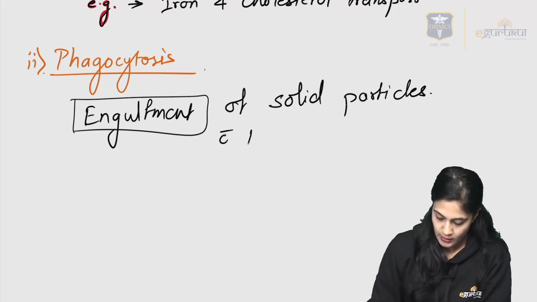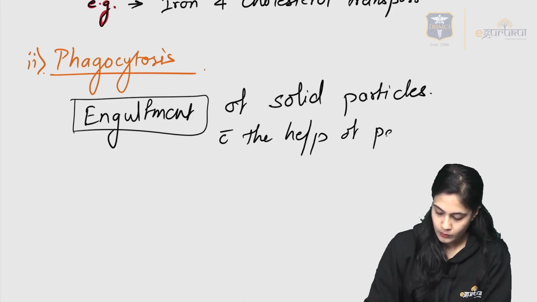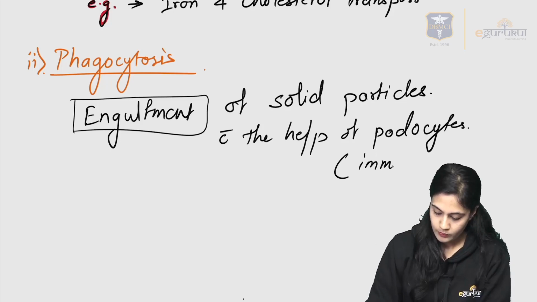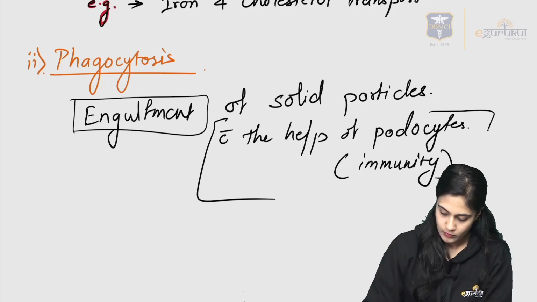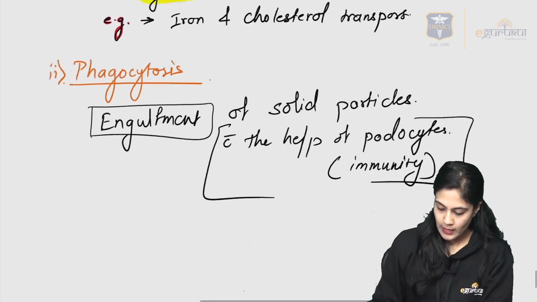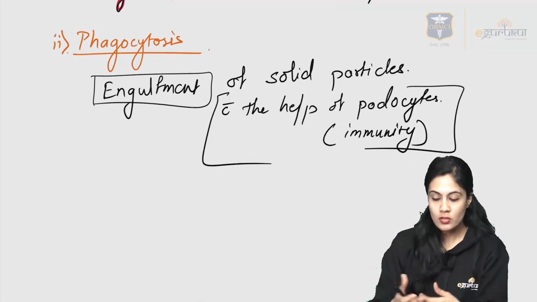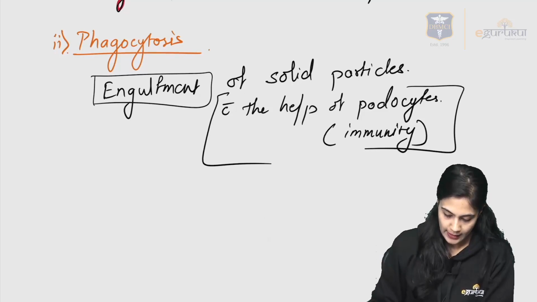So, you can write: with the help of pseudopodia, in immunity, right. They have hand-like projections and they will engulf with that, right.